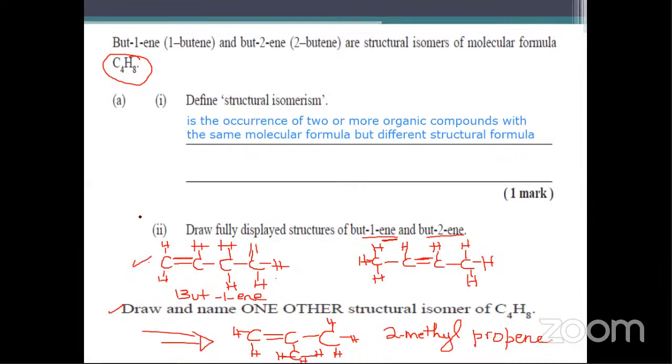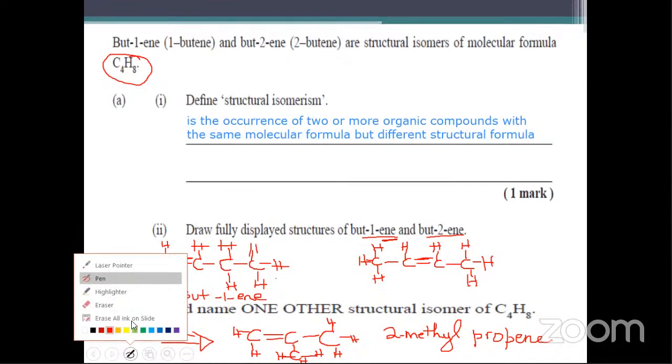So the main thing that you need to understand is don't get fooled when they ask you to draw additional isomers.